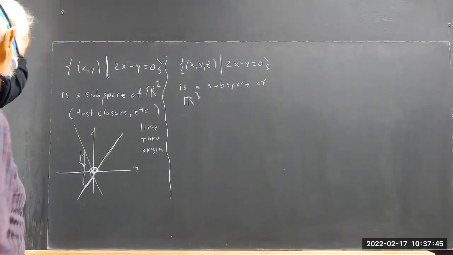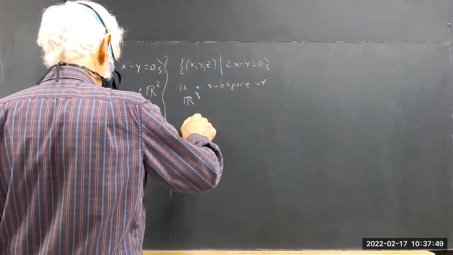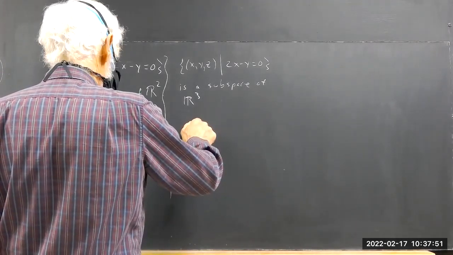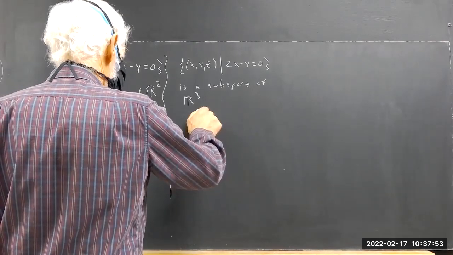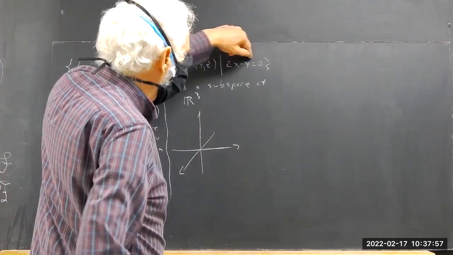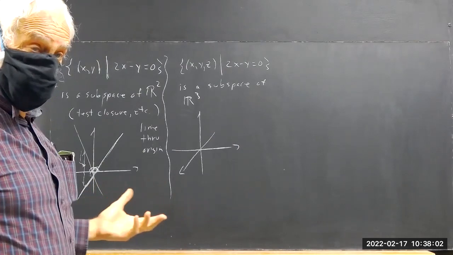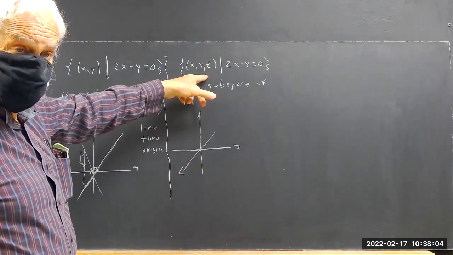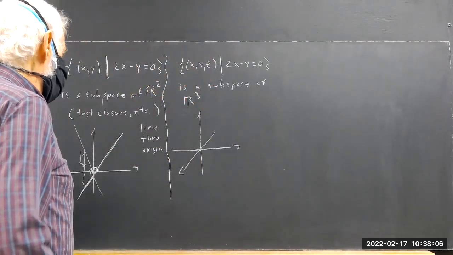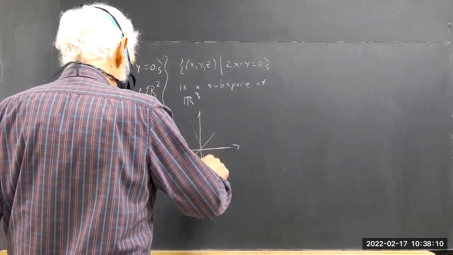Now, in this case, this equation says nothing about Z. So Z could be anything at all. Saying this a little more quickly than I'd really prefer to.